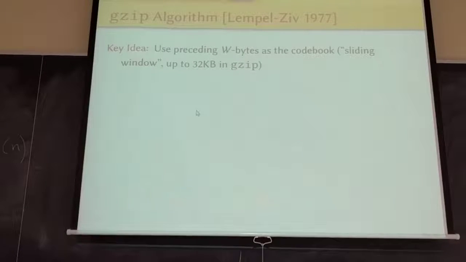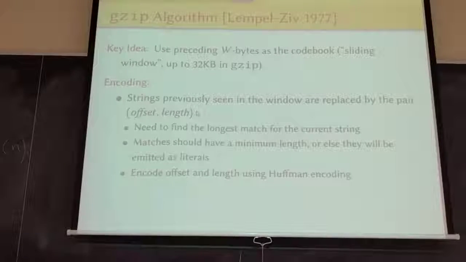Okay? And the particular technique we talked about, you basically search in the preceding some number of bytes to see whether the current string has already appeared before. If it has already appeared before, then you have a compact encoding by pointing to that occurrence, right? Essentially, that's what you do.